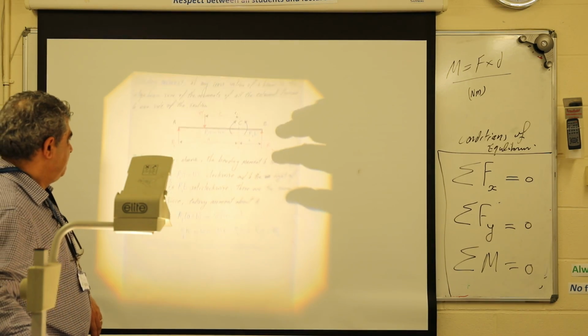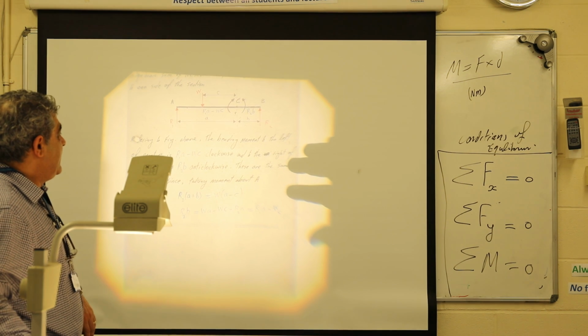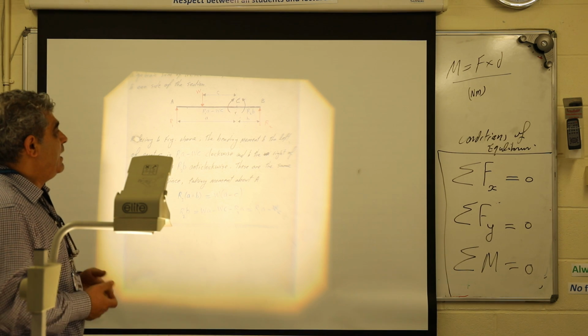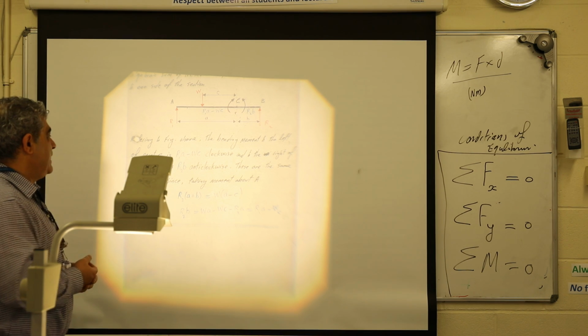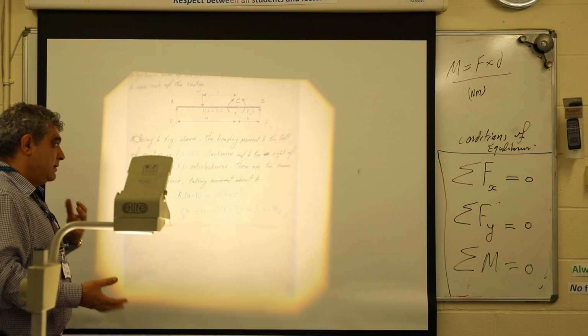Right. Referring to the figure above, the bending moment to the left of the point C is R1A minus WC, clockwise, and to the right of C is R2 times B, which is anti-clockwise.